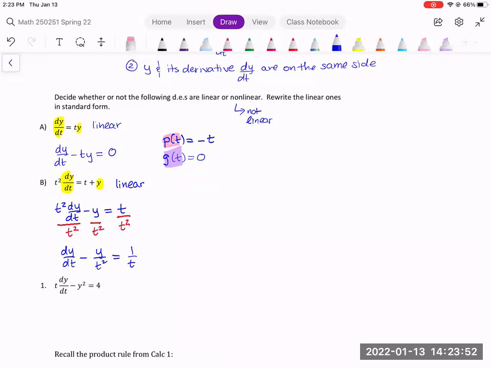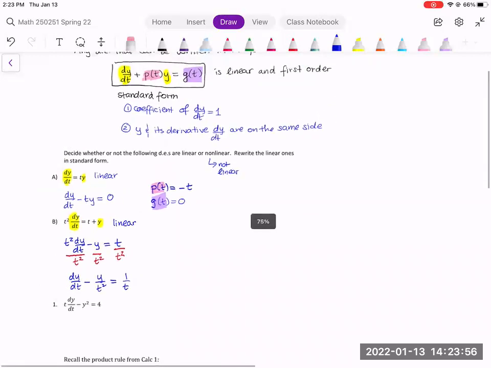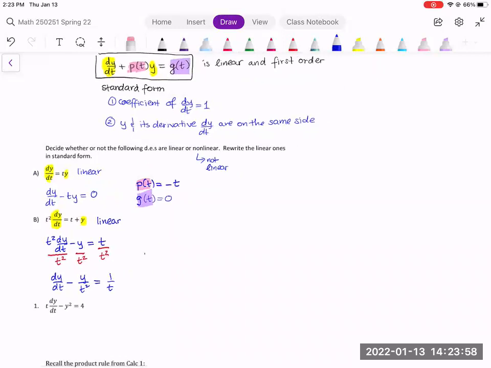The coefficient of y, p of t, is equal to negative 1 over t squared. And our right-hand side, g of t, is equal to 1 over t. We're going to call this guy non-homogeneous, since we have a function that's not 0 on the right-hand side.